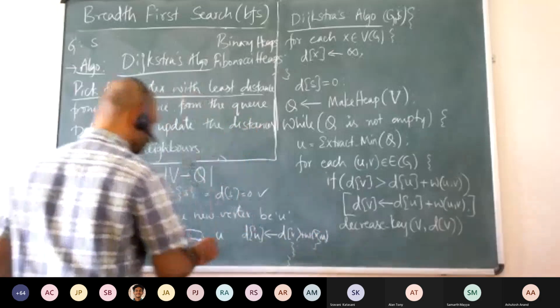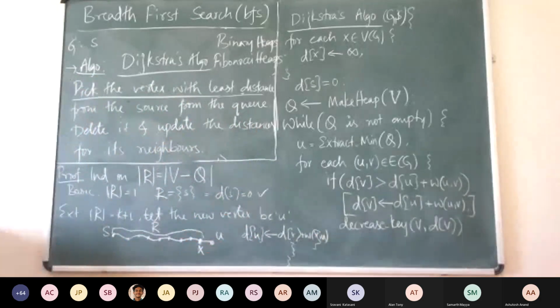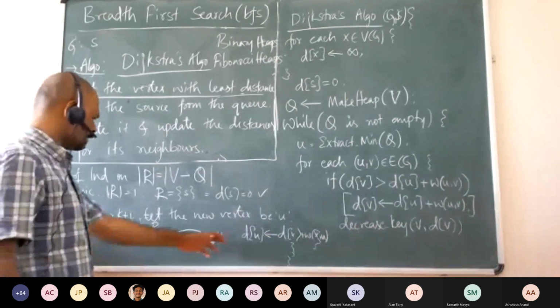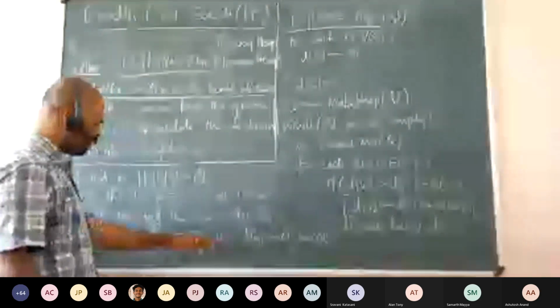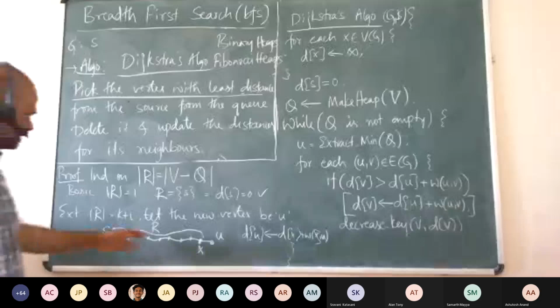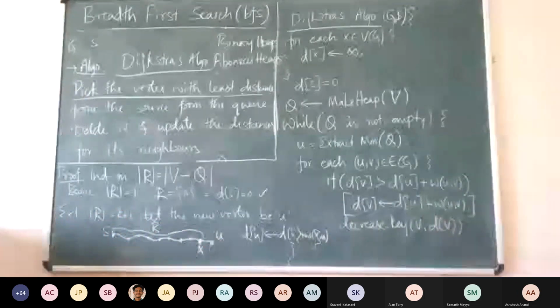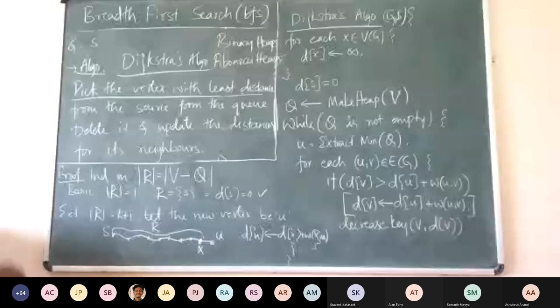This is the distance which we have set in the algorithm. We are not taking this as the shortest distance; this is basically the distance which has been set by the algorithm.